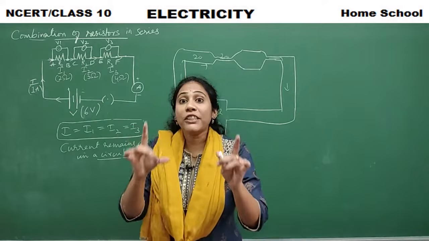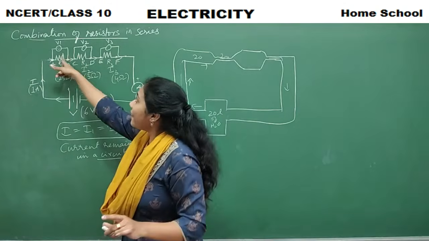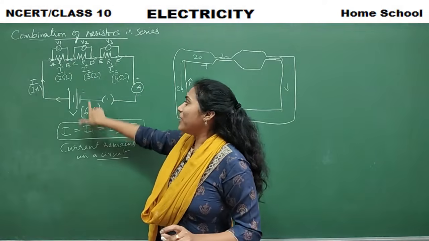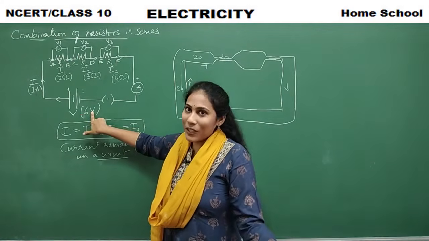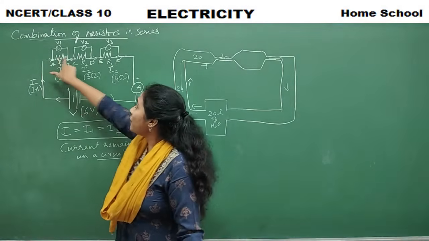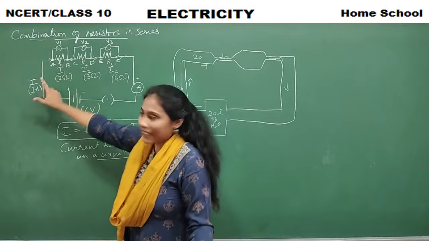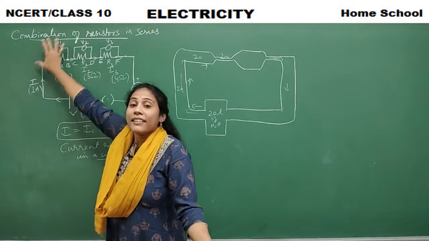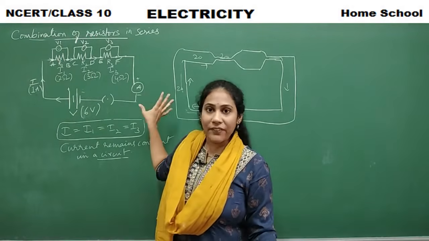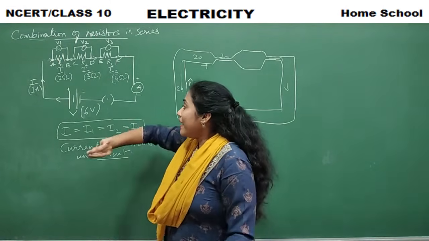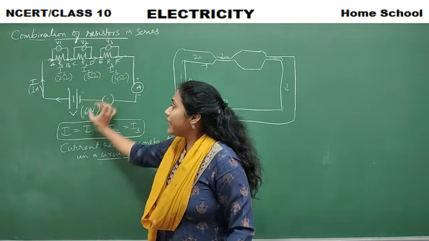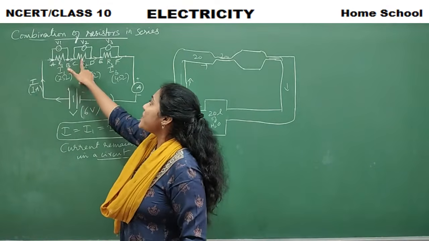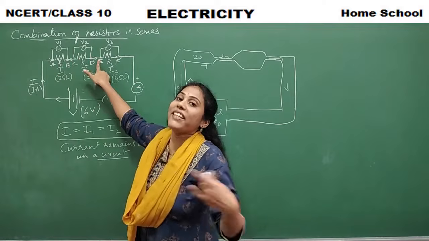Actually, voltage will get distributed in the resistors. So you will not have the same voltage as that of the total voltage. You found the same amount of current flowing, right? The total current is this much produced in a circuit, and the same amount of current is flowing through each and every resistor. But this is not true in case of voltage. Voltage is actually getting distributed to every resistor.